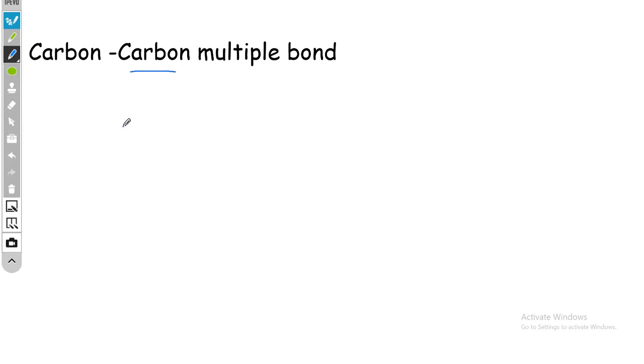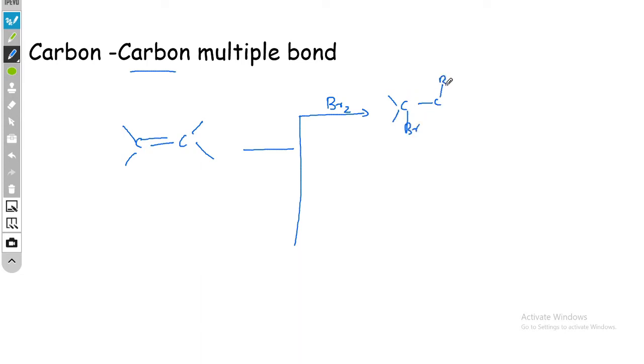For example, we write only the double bond structure. When it is treated with bromine, we get the addition product, C(Br)-C(Br). So there will be decolorization of bromine water.